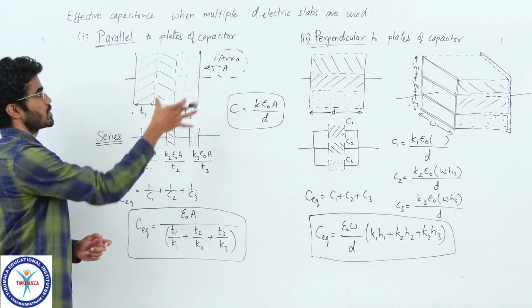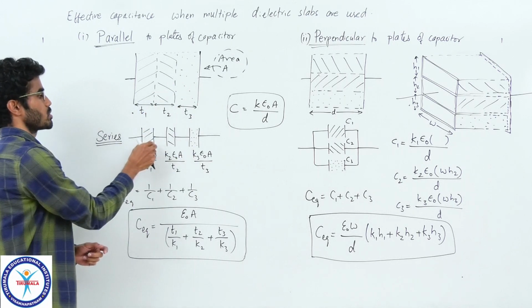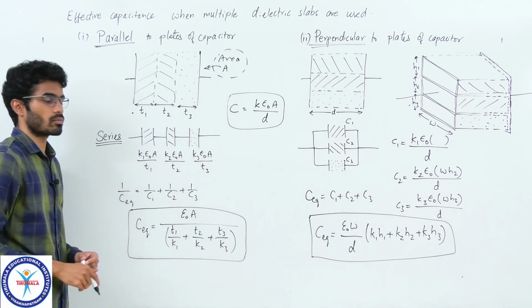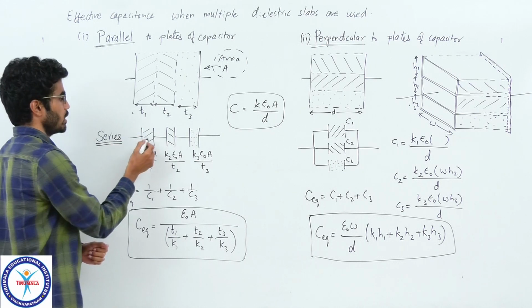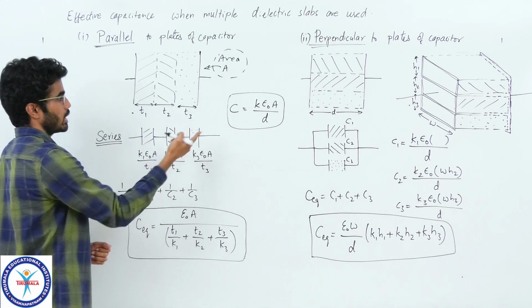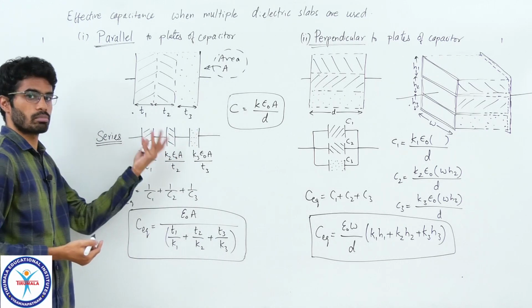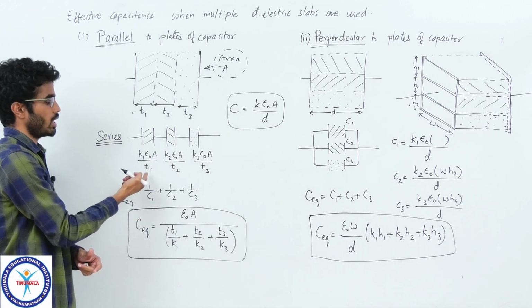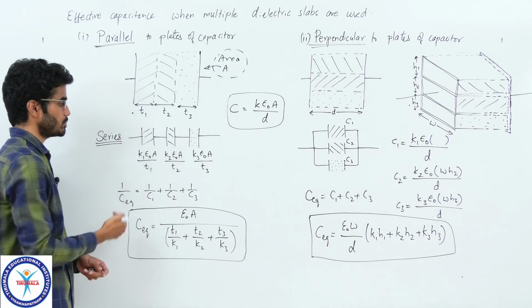We split this system into 3 capacitors which are placed in series, and we calculate the capacitance of each capacitor, and we can use the series equation. The capacitance increases by K times. So if the dielectric constant is K1, you can write the capacitance of this capacitor as K1 times epsilon naught A by D, but D is T1 here, the thickness.